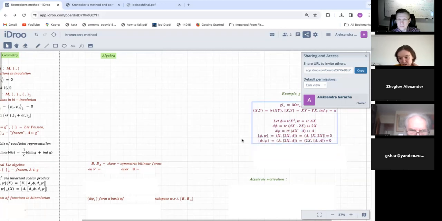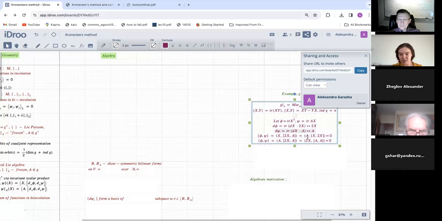So we identify this linear function with the element 2x of the algebra. And then we do the same thing for the second function, and then we can calculate the two Poisson brackets. The first one is classical, so we can calculate this one. I obtained this form just because this scalar product is invariant on this Lie algebra.